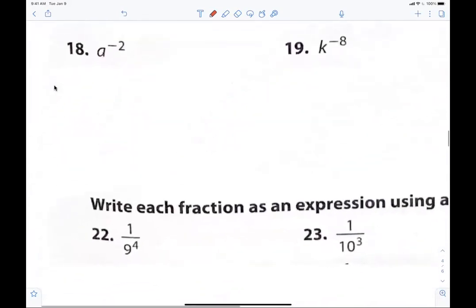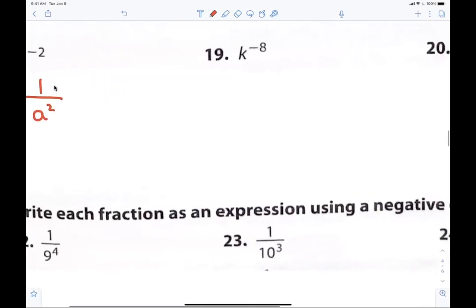Aiden. It's 1 over a to the second power. 1 over a squared. 19.